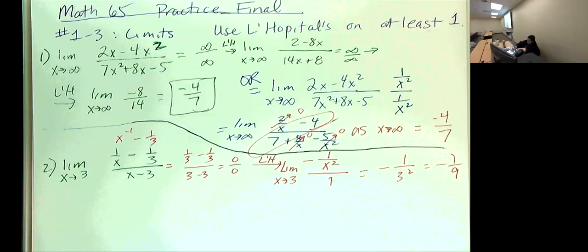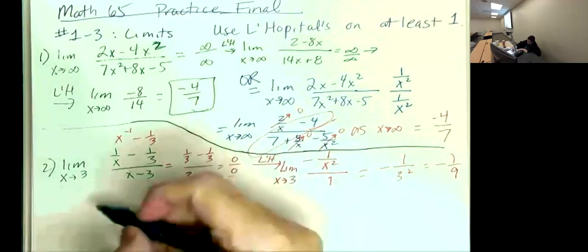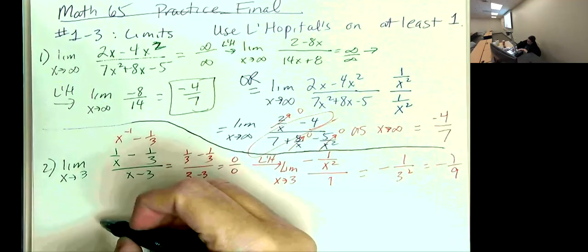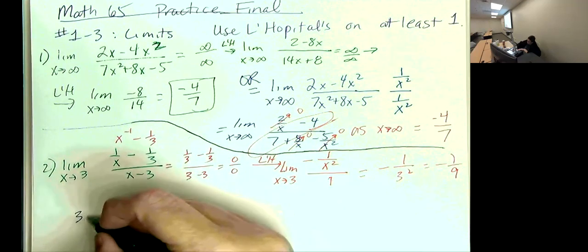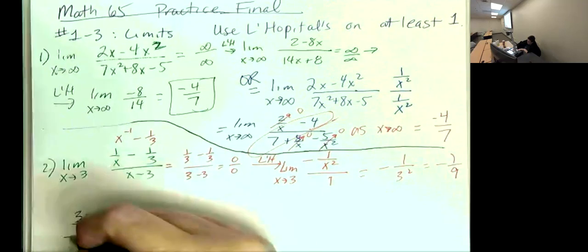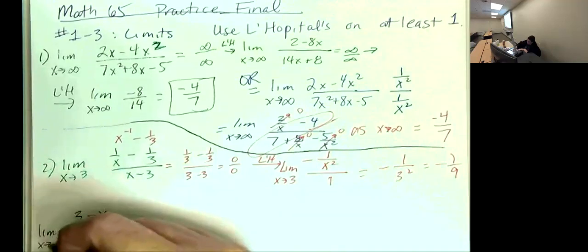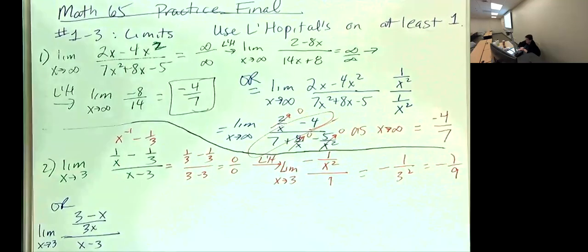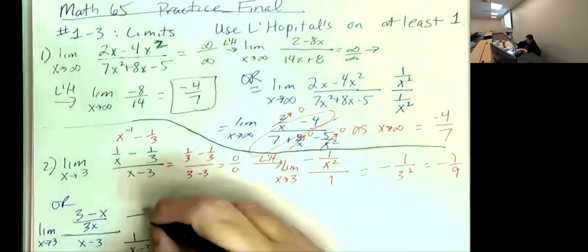The alternative is cleaning this up. If you get a common denominator here, you have 3 minus x over 3x all over x minus 3. And we still got limit as x goes to 3. And then you multiply by the reciprocal of the bottom.